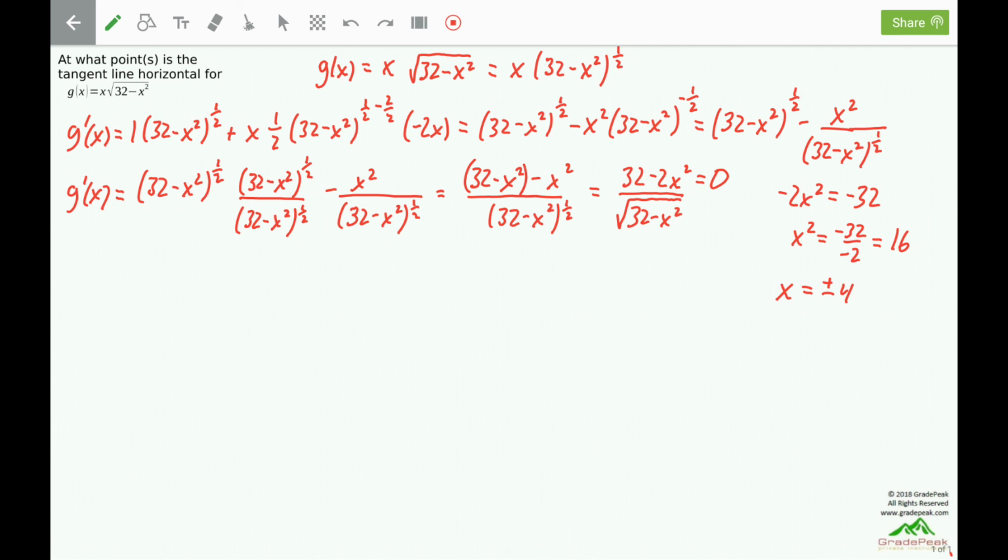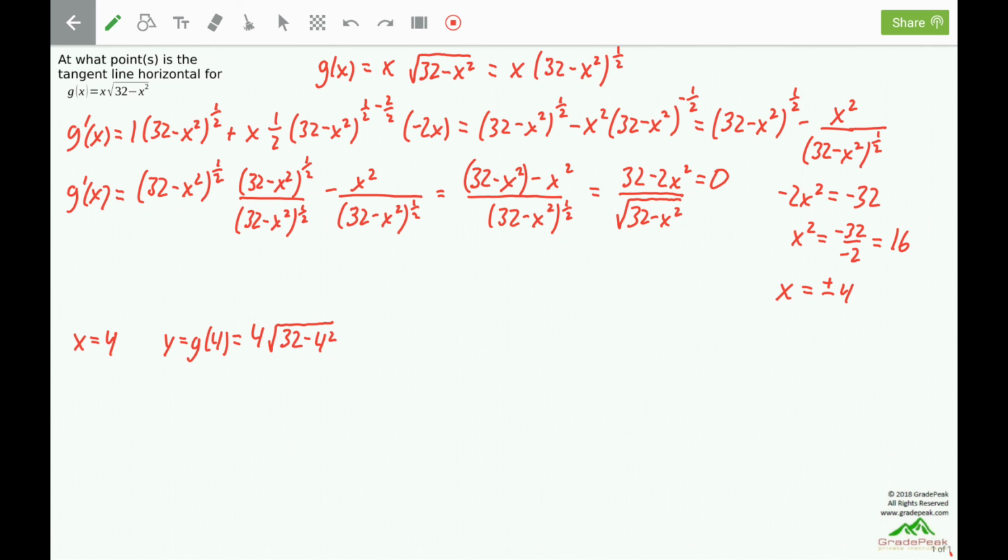We have two different x's. Now we want the points, which means we need to find the corresponding y coordinates to each of these x coordinates. So let's go ahead and do that now. We have x equals a positive 4 as one of them. Our y coordinate will be g of 4. So we'll plug 4 into the x and the x squared in the g of x function.